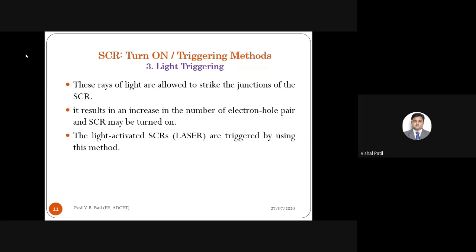The light activated SCRs, like laser, you must have seen laser, we say laser beam. Okay, the light activated SCRs laser are triggered by using this method. या method ni turn on केली.